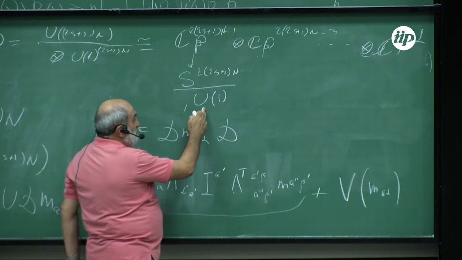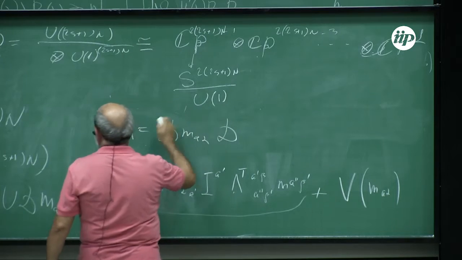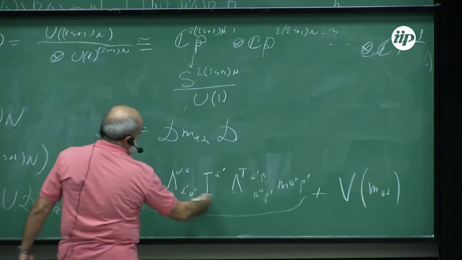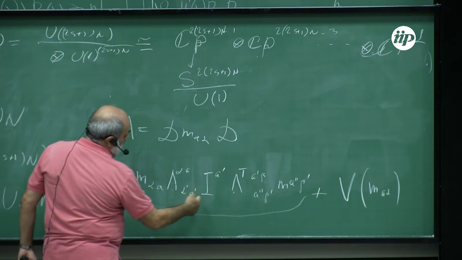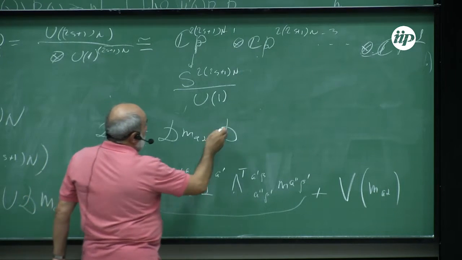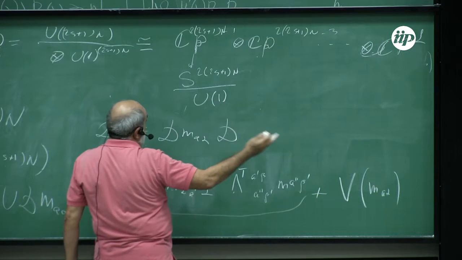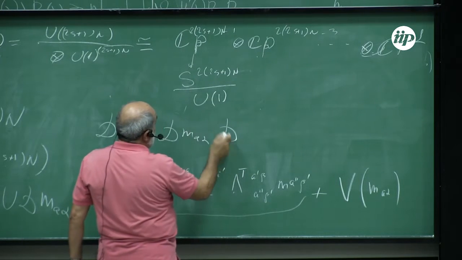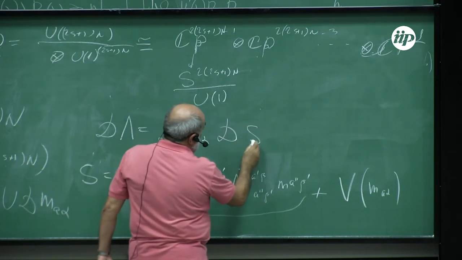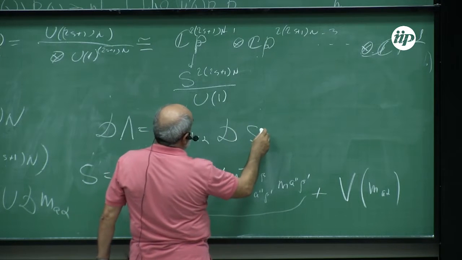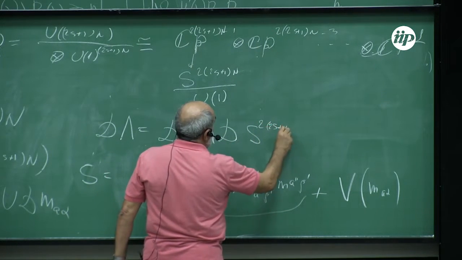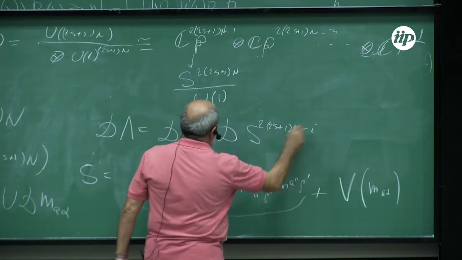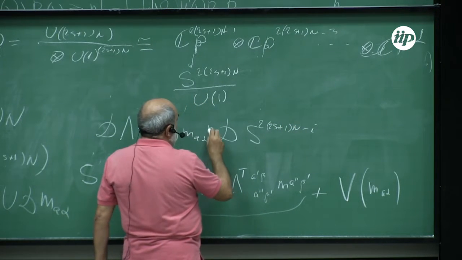Using gauge invariance over U(1), we can throw this factor away because of gauge symmetry, and replace the measure by a sphere element. So we write our measure as a product over spheres, twice 2s plus 1, n minus i, where i runs from 1 to n.